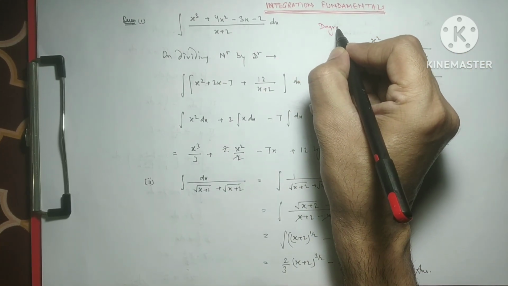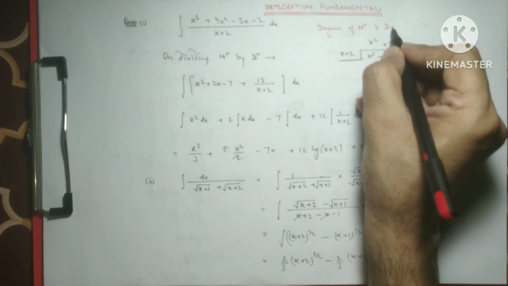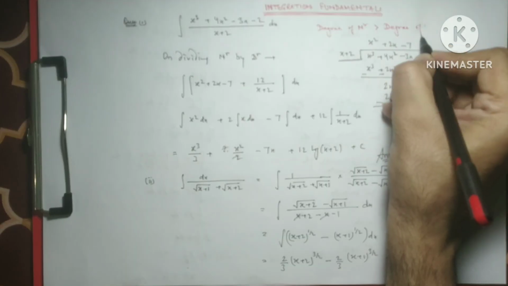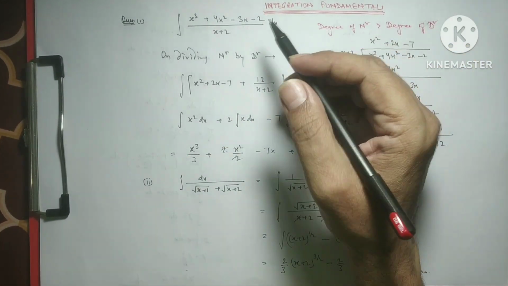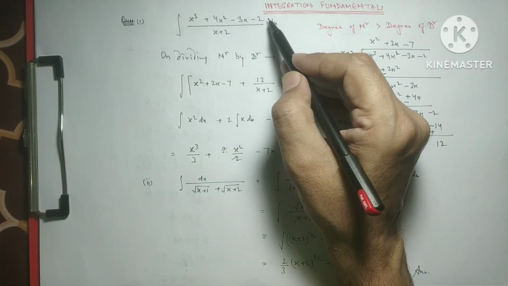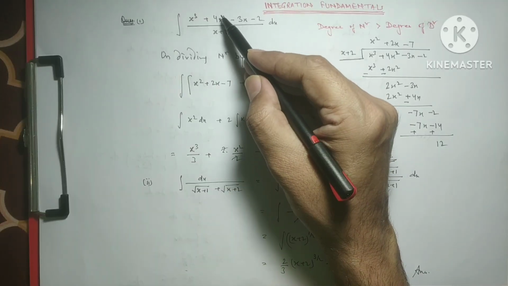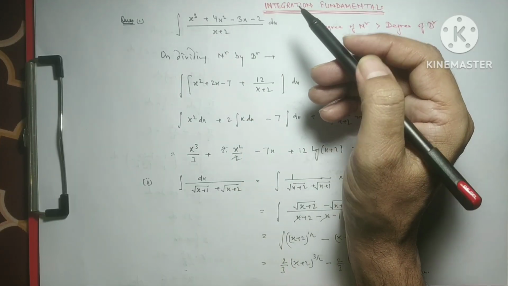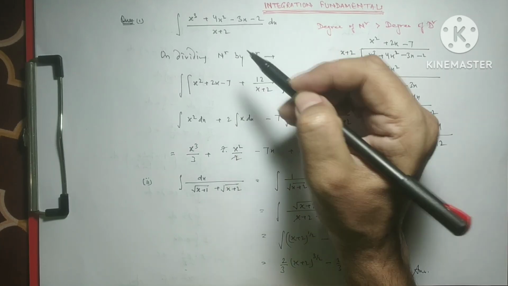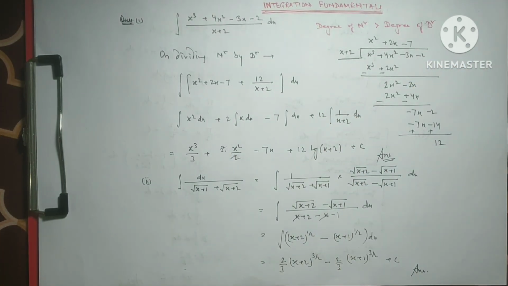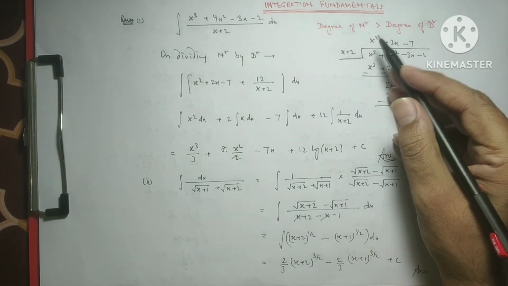So for this type of question, first we will divide the numerator and try to reduce the power on numerator. The degree of denominator should be greater than the numerator. So we divide this numerator by denominator like this. It's a long division method.